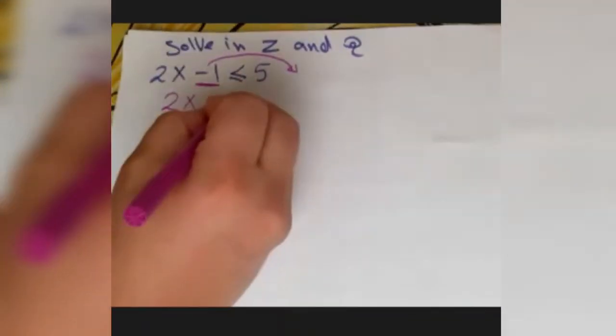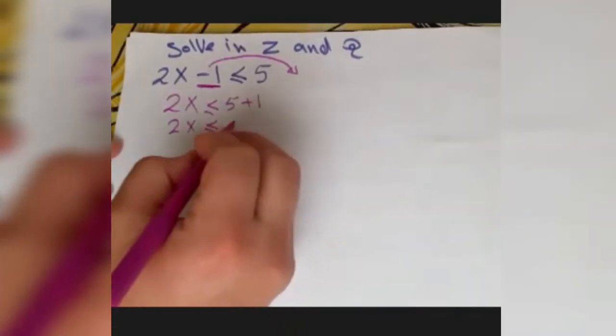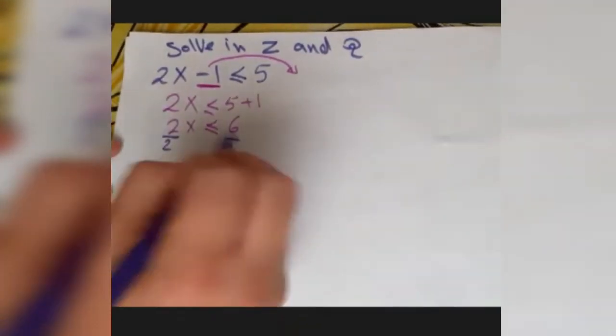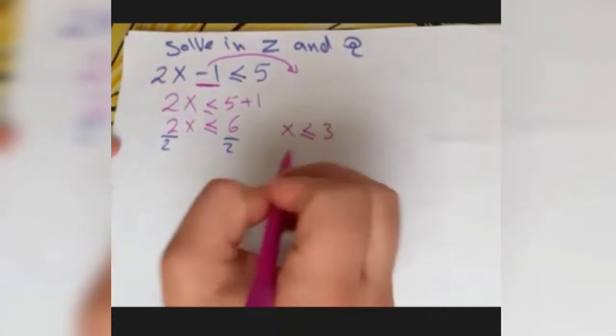So we write 2x smaller than or equal 5 plus 1, which equals 6. Second step, divide by the coefficient of x. We divide by 2 and write x smaller than or equal 3.